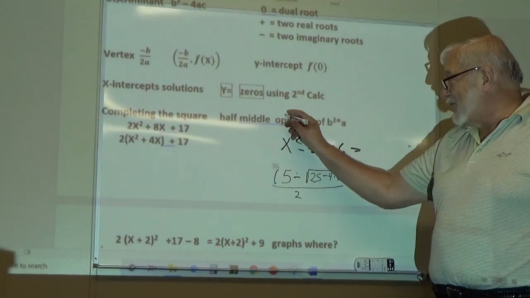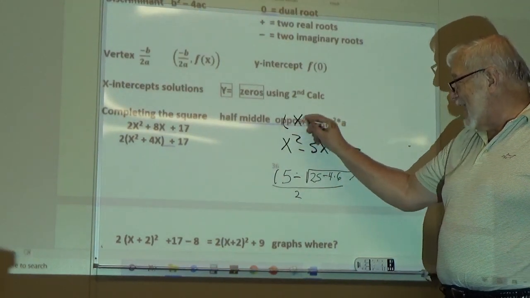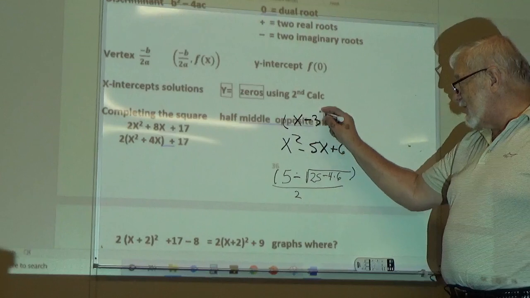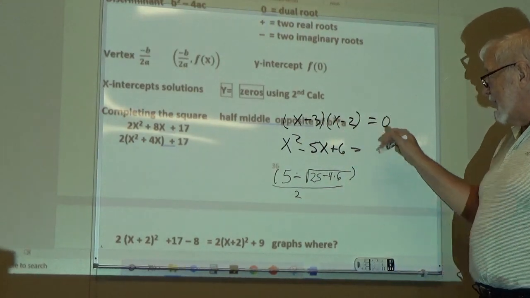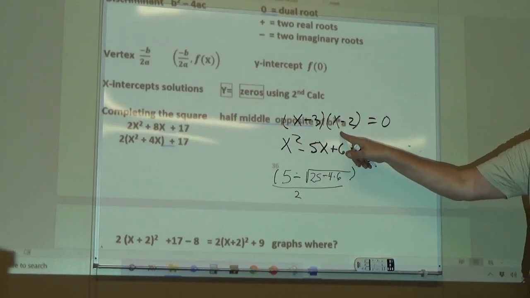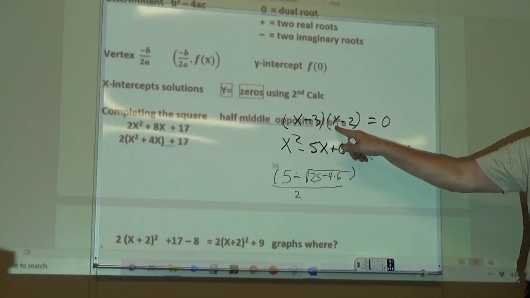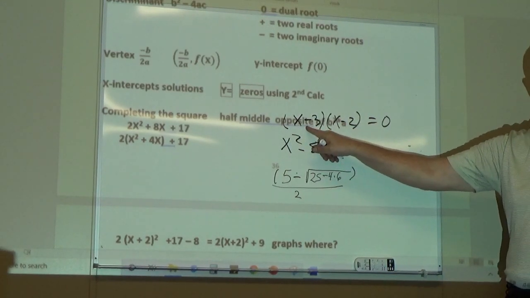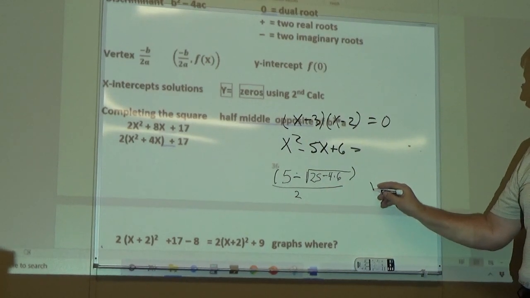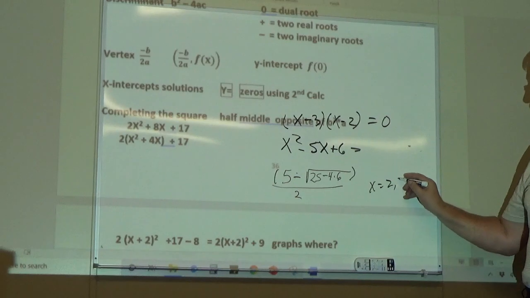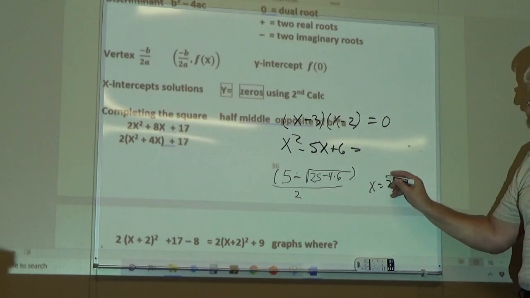Because if we factor this, it is x minus 3 times x minus 2 equals 0. In order for this to be 0, x has to be 2. In order for this to be 0, x has to be 3. And so the values of x are x equals 2 and x equals 3.